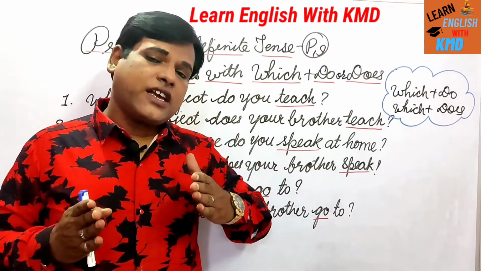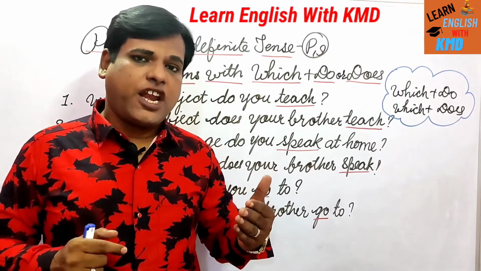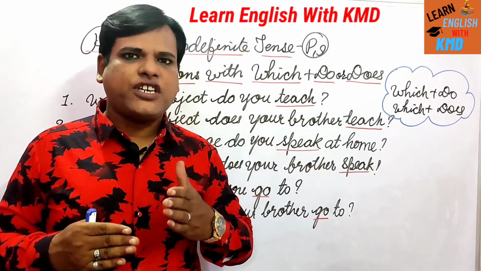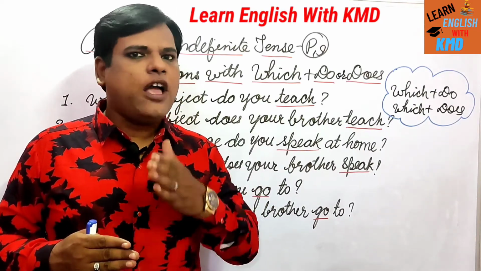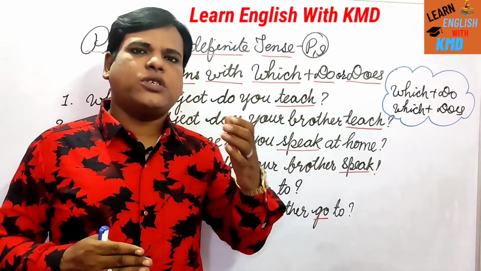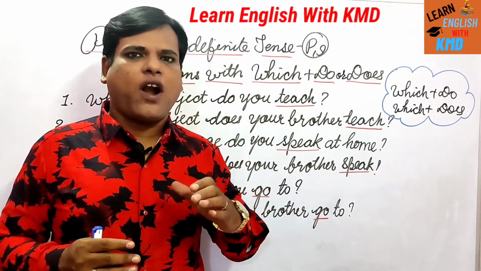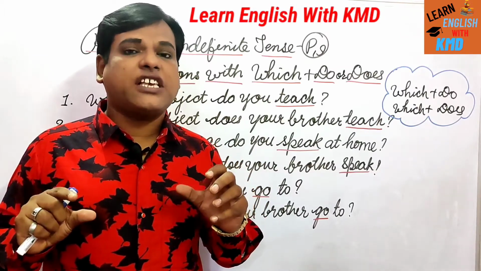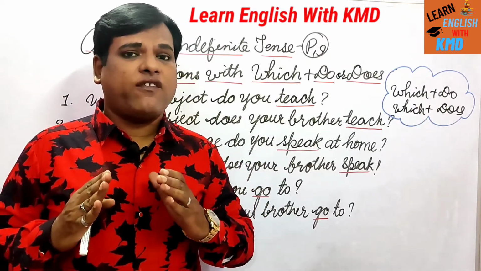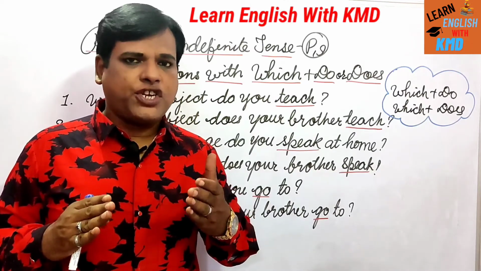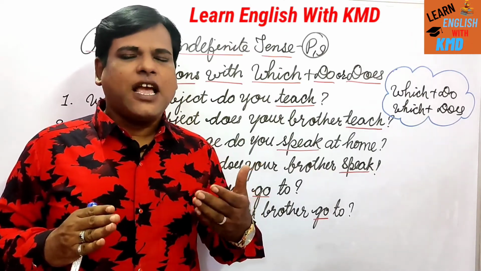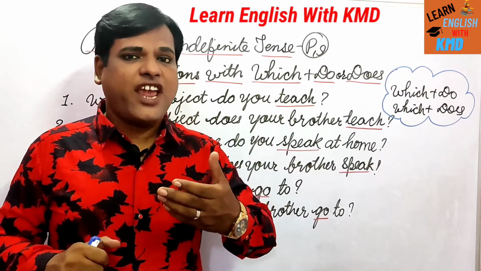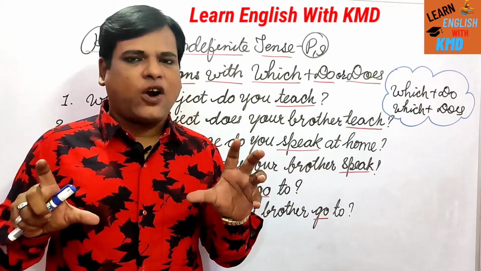As far as the other WH words are concerned, we use a helping verb immediately after the WH word, like where do you stay, or where does your brother stay? If you pay close attention to the structure, you discover that the WH word comes first, followed by do and does. But when we talk about which, there is a slight change in the format here.